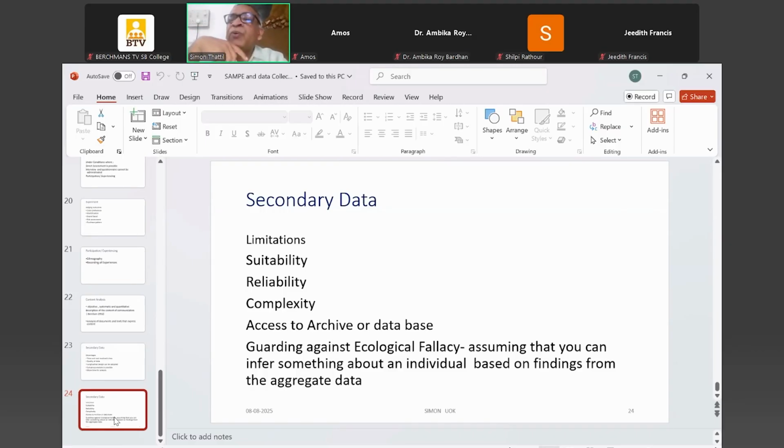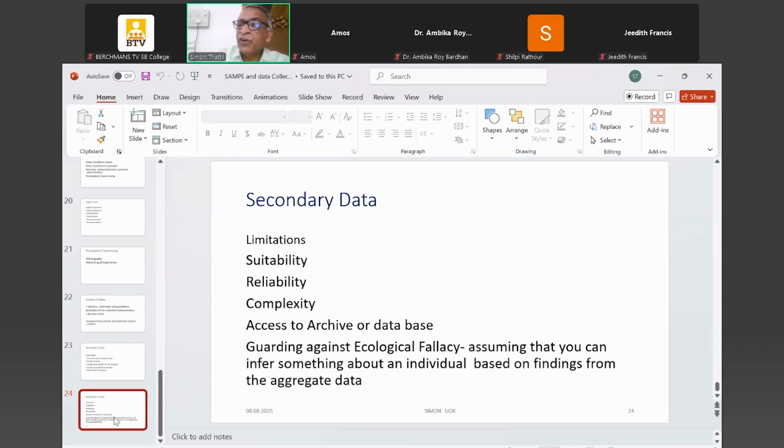In the example I just quoted, if I do not know the average life expectancy of an Indian or a Keralite, then I have no understanding of whether this 85 or 90 is high or low, because I do not know the national theory. So knowing the existing facts is crucial, not only to get your research gap, but also to address the research questions. And once that is done, you have a very clear idea about the research design that you're going to formulate.